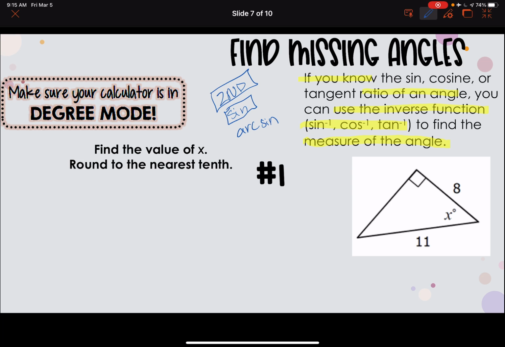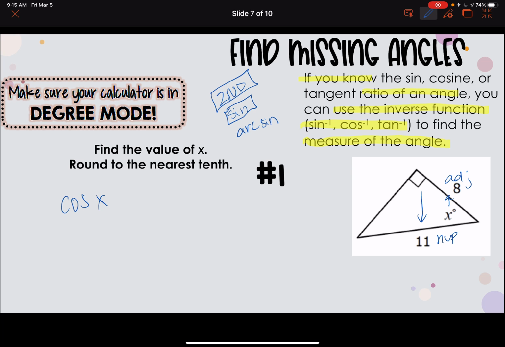So the way that we're going to do it is that we're going to set up our ratio. And for this one, we'll notice that my hypotenuse is right here because it's across the right angle. And I've been given the leg adjacent to angle X. So I'm going to go ahead and set up my ratio for cosine.